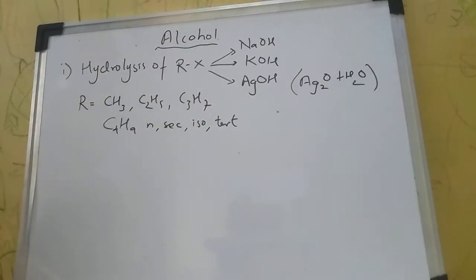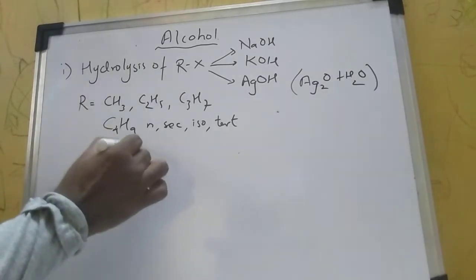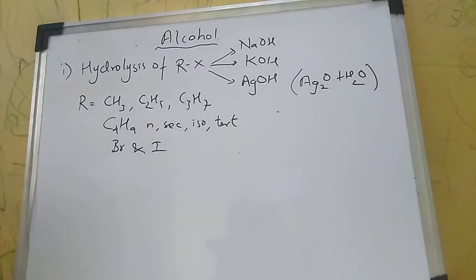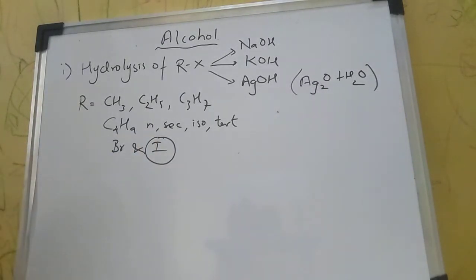All the four alkyls with both the halides, bromide and iodide. I've given certain assignments related to iodide for homework.